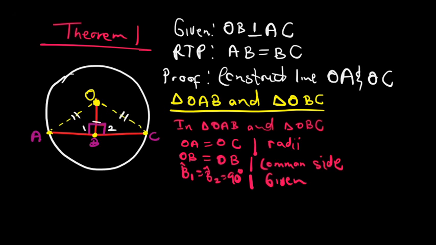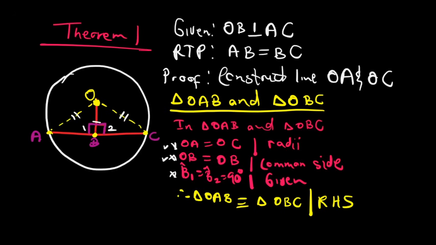So now you can conclude: you've proven a side, and you've proven an angle, and this angle is 90 degrees, and one of these two sides is a hypotenuse. So you can simply say, therefore triangle OAB is congruent to triangle OBC. The reason for that is right angle, hypotenuse, side, because you have your right angle, your hypotenuse that you've proven, and your common side. So that is going to be your Theorem 1.